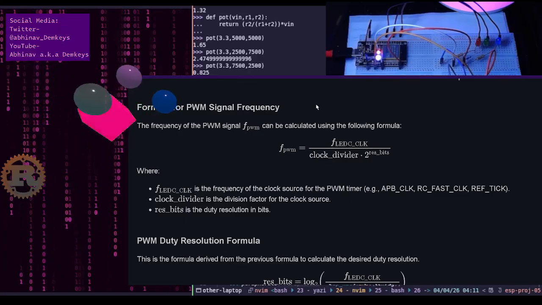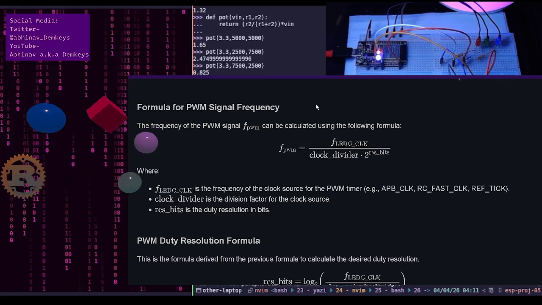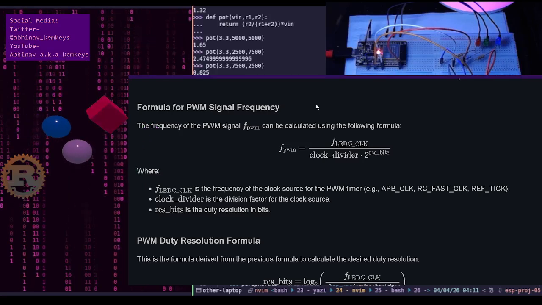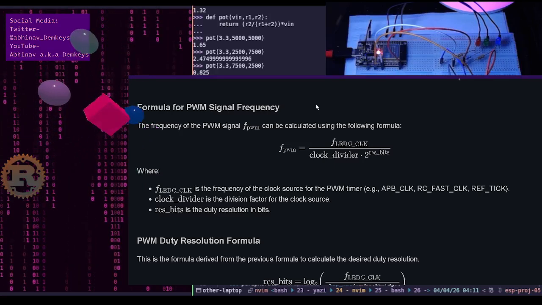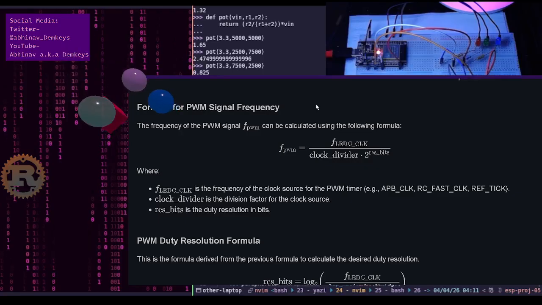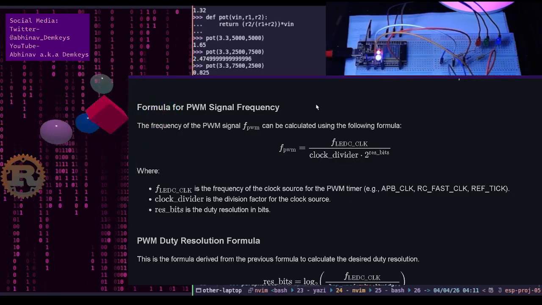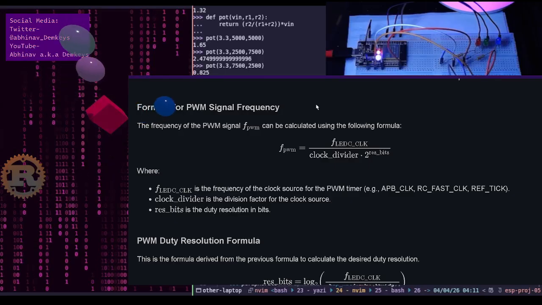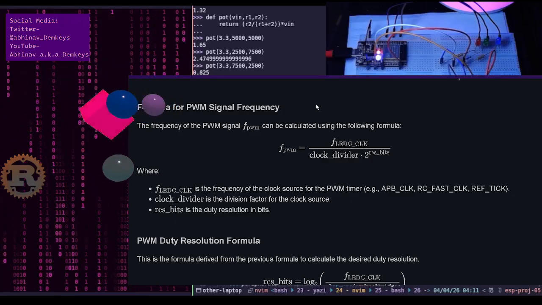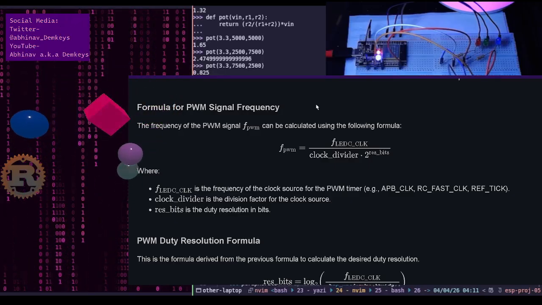So if the period is 0.2, 1 divided by 0.2 is 5, meaning that period can take place a total of 5 times within that 1 second. So we have a frequency of 5. That's what the signal frequency would be, right?